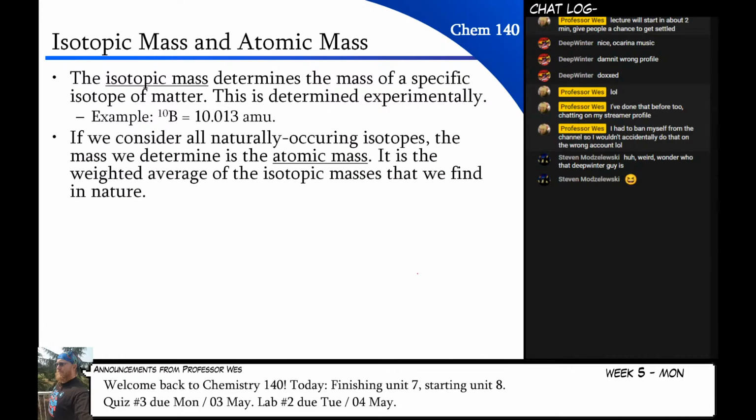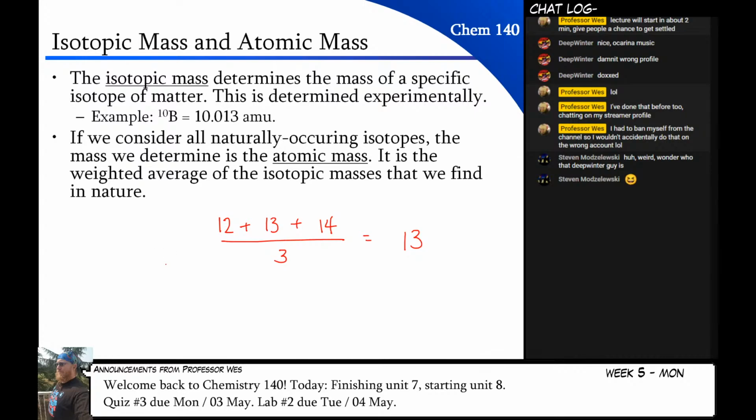Now, how do weighted averages work? Well, let's talk about how averages work. So if I have these isotopes, and I want to find their average, well, that's very easy, right? 12 plus 13 plus 14 divided by 3 is 13. Wow, you did that so fast. Yeah, because this is one less than 13, and this is one more than 13. So this is how you do a normal average, right?